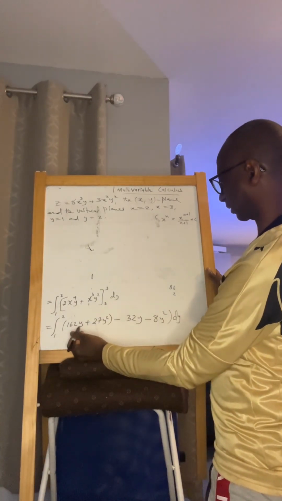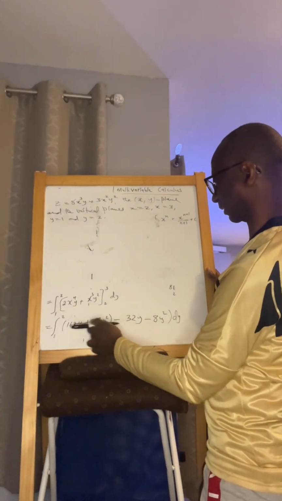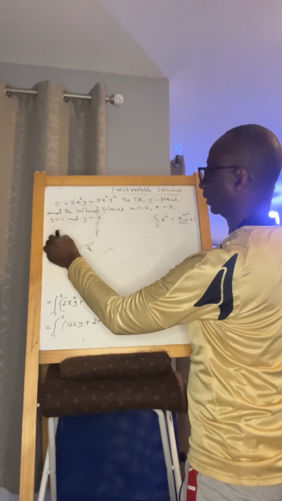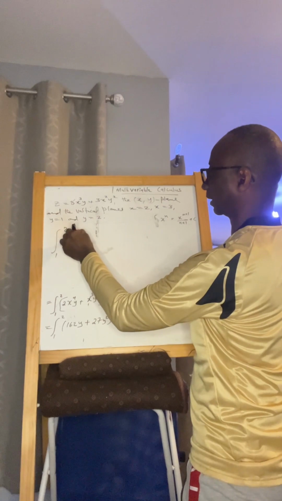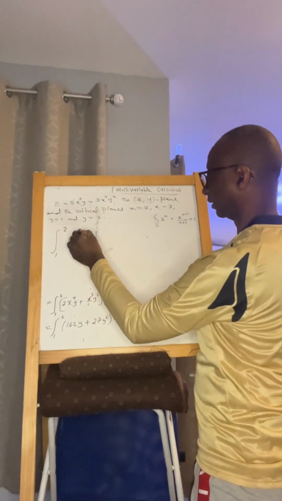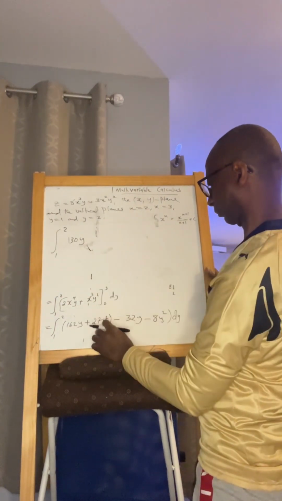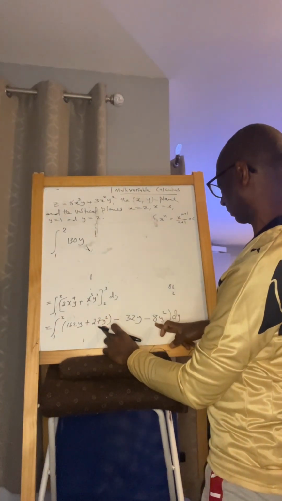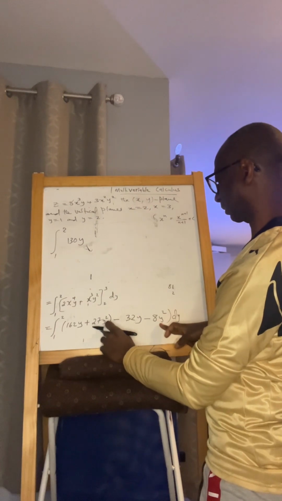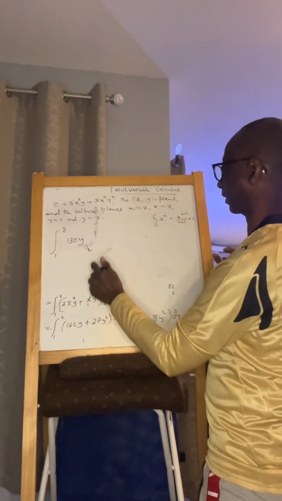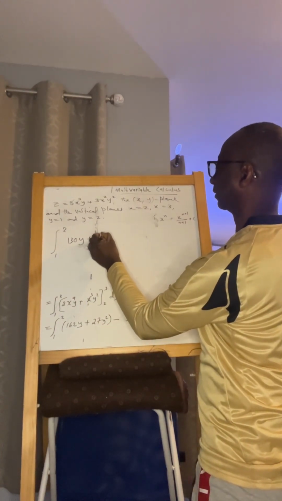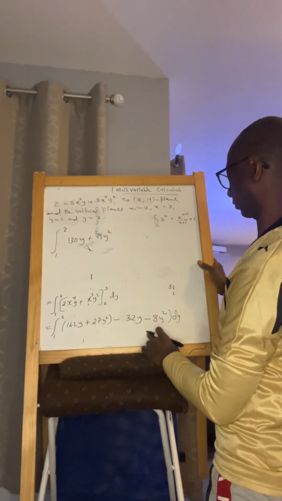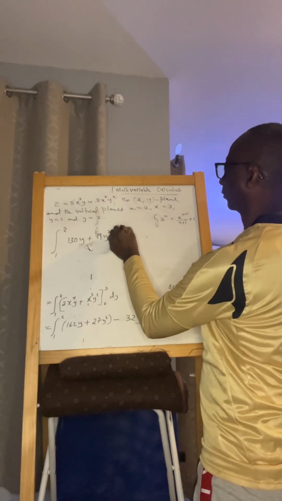So what is left? 130, yeah? So now we have this function, 1, 2. We'll have here 130y. This is 27y squared minus 8y squared. So this will be 19y squared. So that's what we got here, dy.